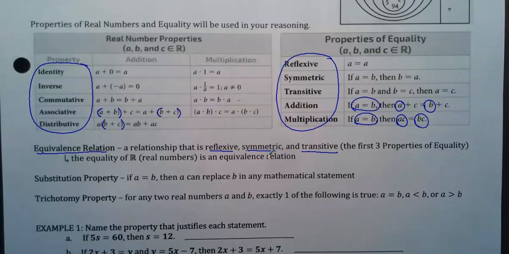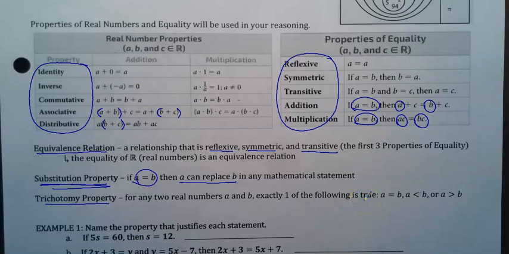All right, the substitution property we have next. If A equals B, then A can replace B in any mathematical statement. So that's substitution. If A equals B, A can replace B anytime. Now, the trichotomy property says for any two real numbers, A and B, exactly one of the following is true.